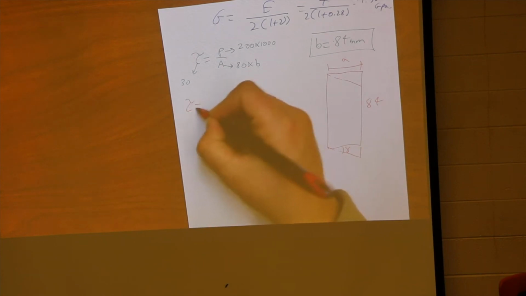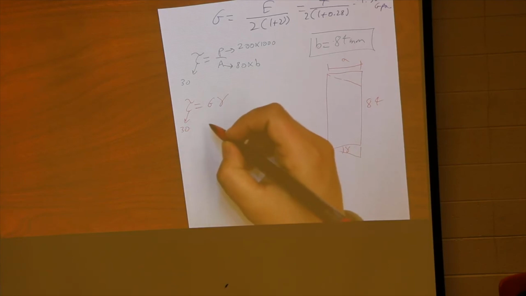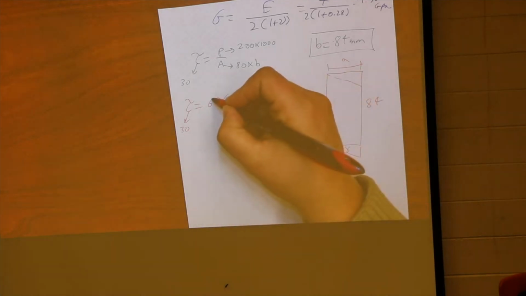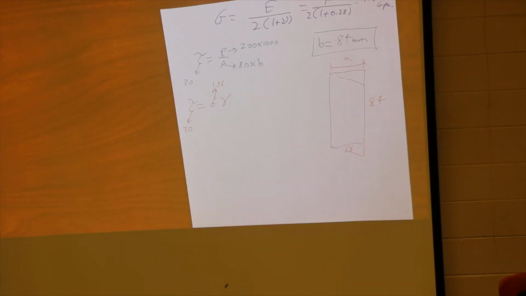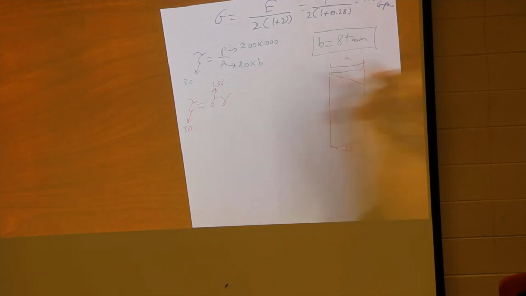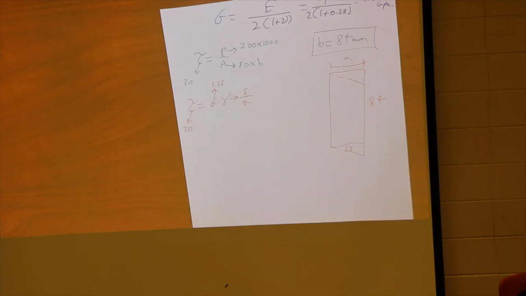Tau equals G gamma. Tau equals 30, G equals 1.56. What is gamma equal to? Gamma is equal to delta over A. What is the delta we told you?